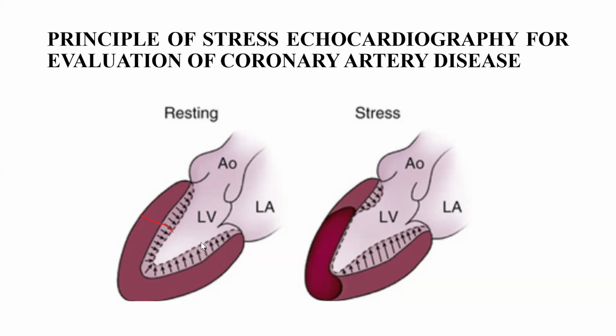Whereas under stress, if you look at the stress curve and you start developing the regional wall motion abnormality, which in this case is affecting this territory, notice that the thickening here is reduced compared to the thickening on that side, and the endocardial movement. And that is what you are capitalizing on when it comes to stress echocardiography. And so when you notice these regional wall motion abnormalities under stress, then they suggest evidence of obstructive coronary artery disease.